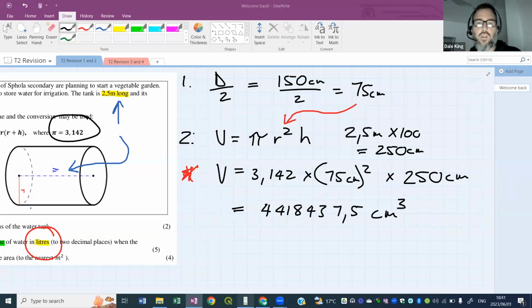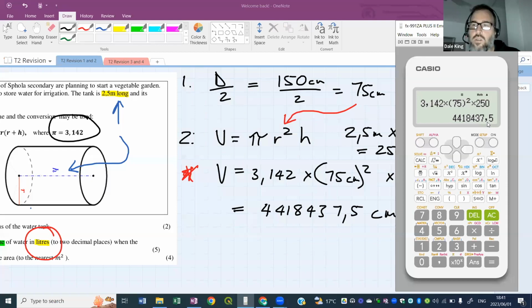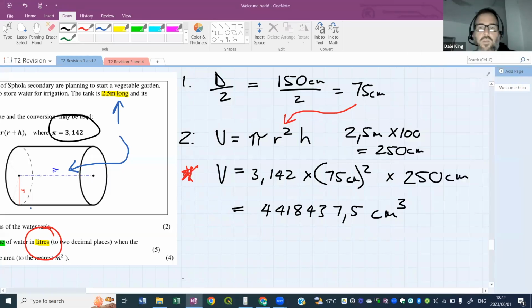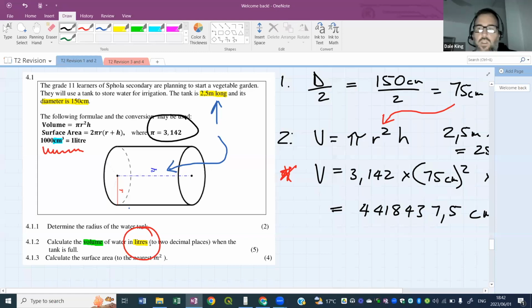Can we round off the answer? Well, I've got one decimal place here. The only time you round off anything is at the end of the question. So I'm not going to round it off until we finish the question. We haven't finished the question yet, because this question says it wants the volume in liters. We've got the volume in centimeters cubed.